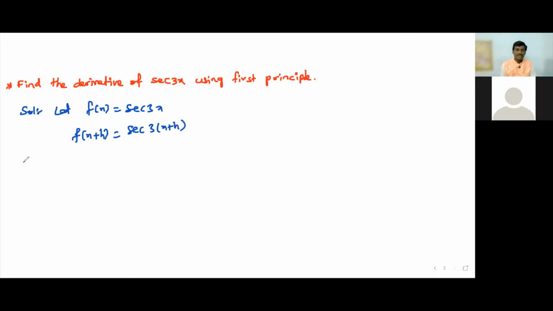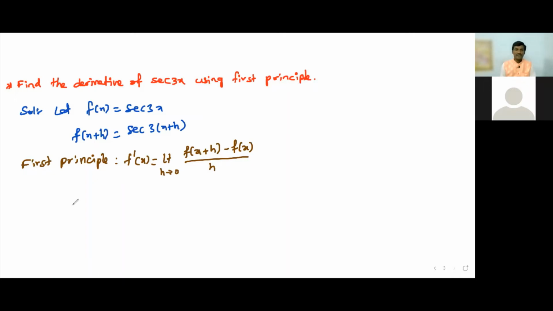What is the first principle here? Here the first principle is f dash of x is equal to limit h tends to 0, f of x plus h minus f of x by h. So this is the formula.